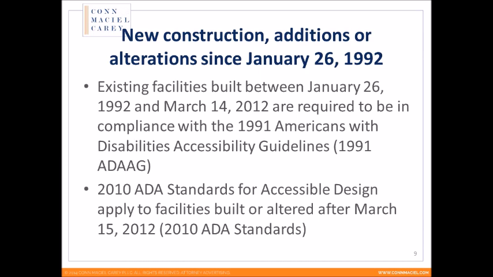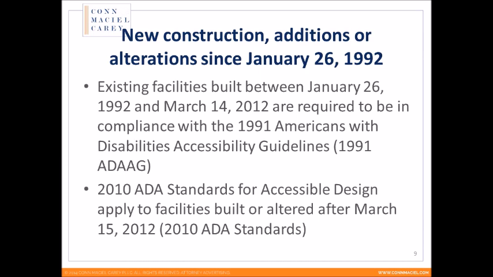So facilities that have been built between 1992 and 2012 are required to comply with certain regulations called the 1991 Americans with Disabilities Accessible Guidelines. They're called the ADAAGs. They don't carry the force of law because they're just regulations, and they're not necessarily even regulations that have been adopted yet by the Department of Justice, but still they are very strong and given significant weight as to what is required under the law.